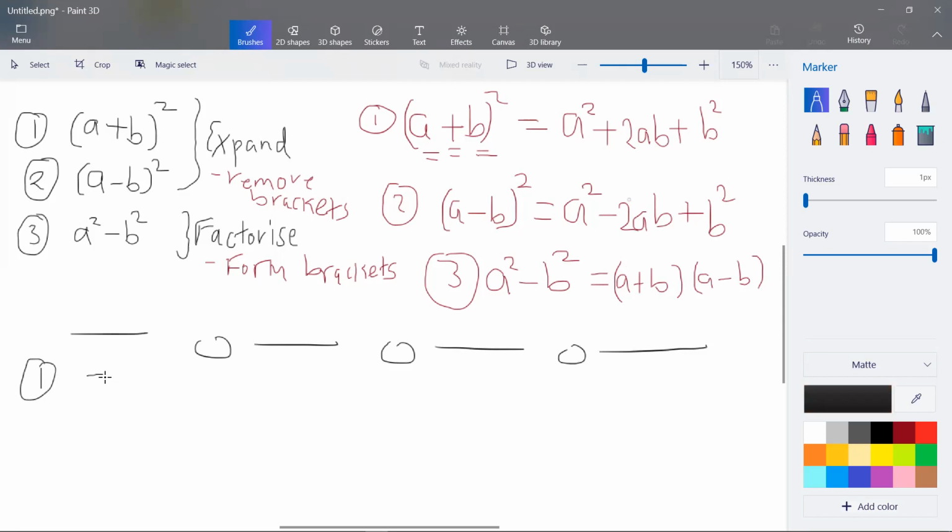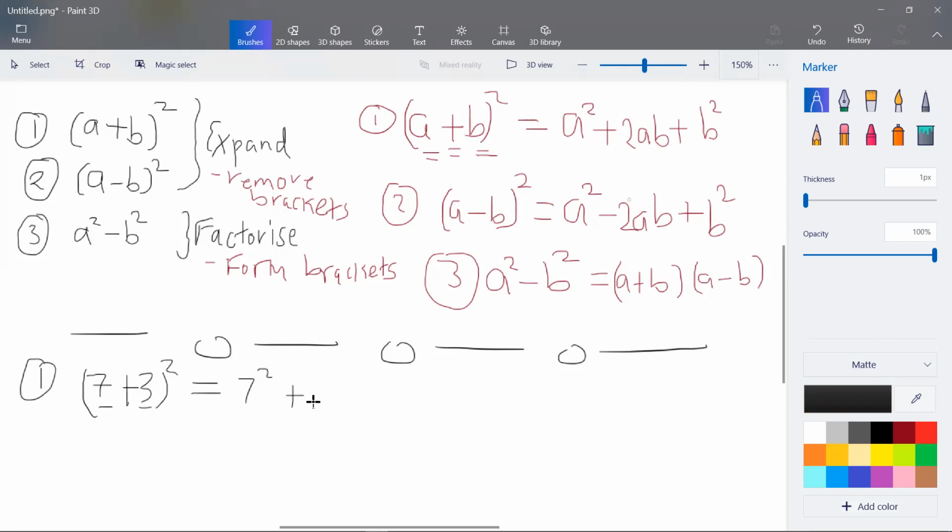Now, someone gives you mathematics which looks like this. 7 plus 3 squared. Okay. One thing you need to know is that you'll simply need to remember how to expand such math, okay? So that you'll have 7 squared plus, you'll do 7 times 3, you get 21.